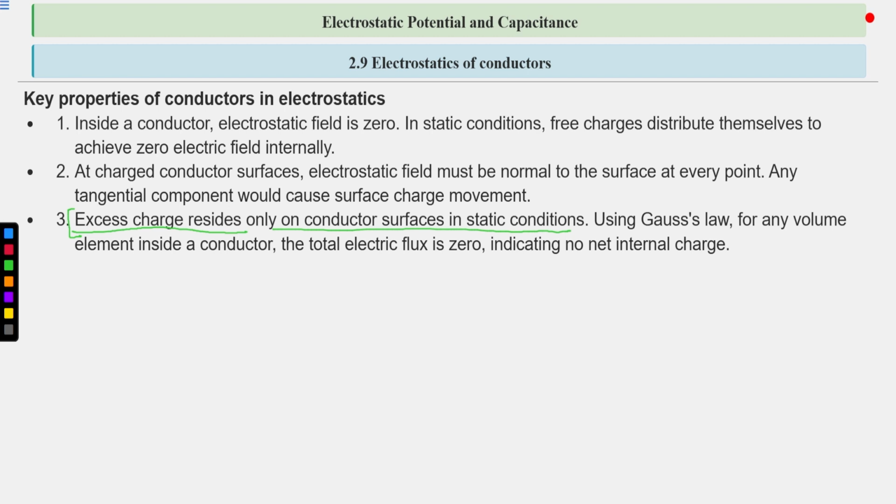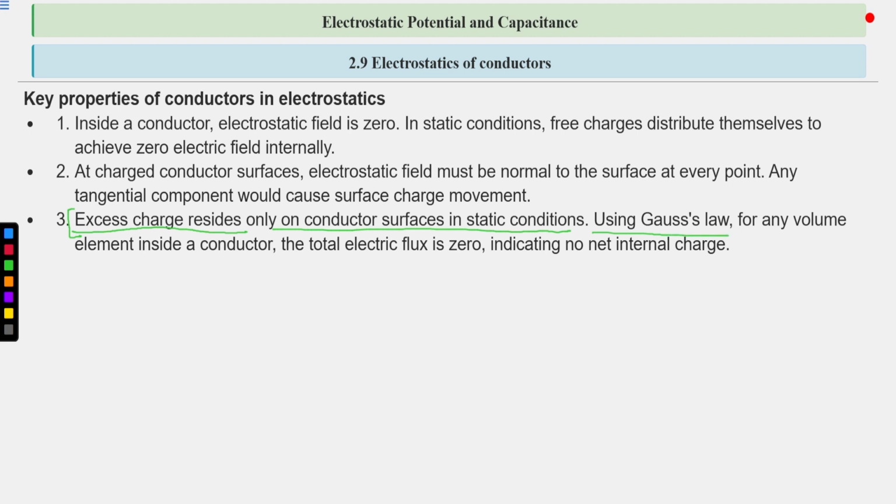So why does charge only reside on the surface of the conductor? Because according to Gauss law, firstly we know that electrostatic field inside the conductor is zero. So there is no electrostatic field inside the conductor. So using Gauss law, what is Gauss law?